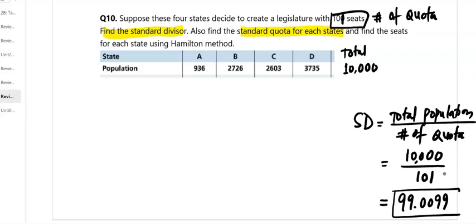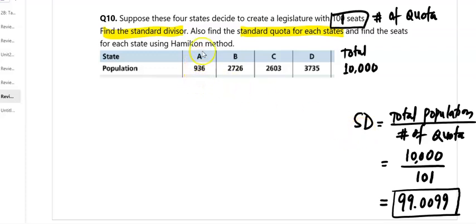It's better if you keep more decimals, since that is more accurate when you do the standard quota or Hamilton method. So I use 99.0099. Now this is the standard divisor, SD.